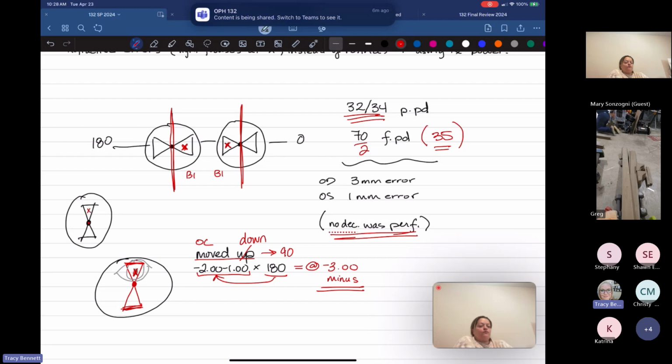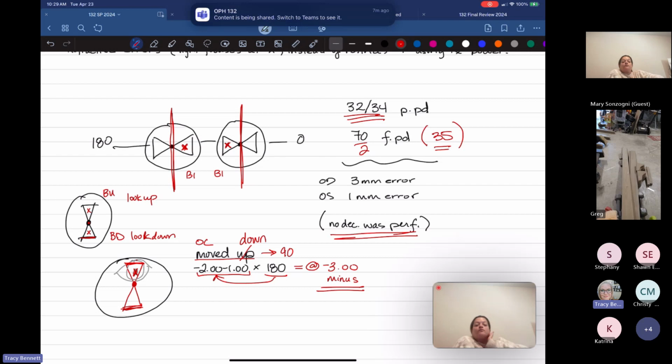So boom, that puts us here, right? So that would end up being base up prism, right? And that's if they look up. But if they look down, then they move down there, right? Because they start out at the OC and then they look down. So that moves them, and that would be base down.